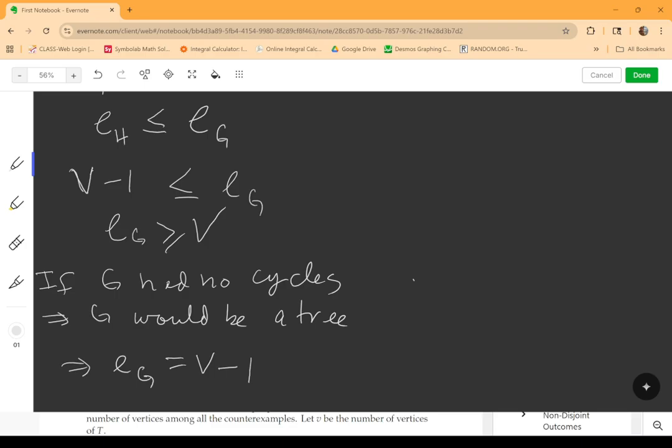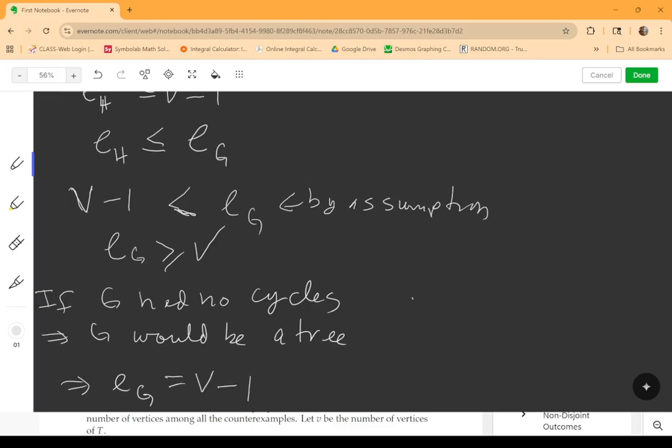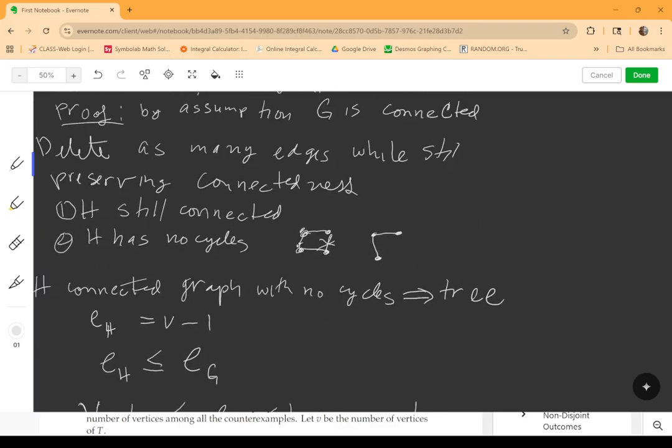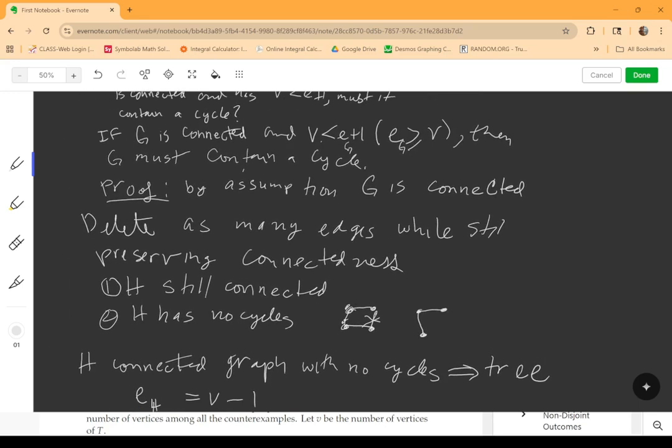Going back here, my apologies, this is by assumption. Going back to our initial problem, V must be less than E of G plus 1.